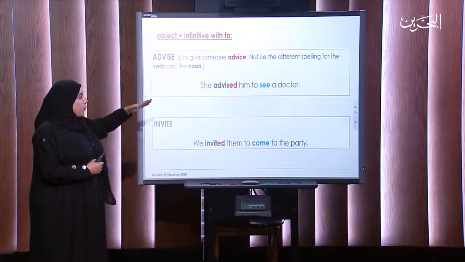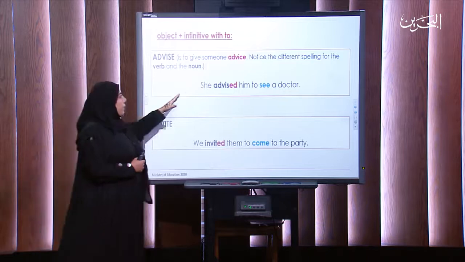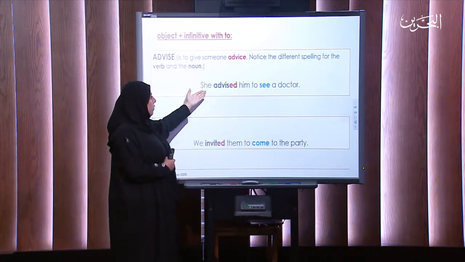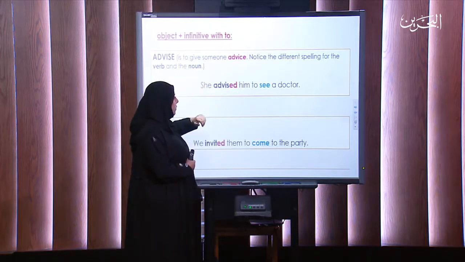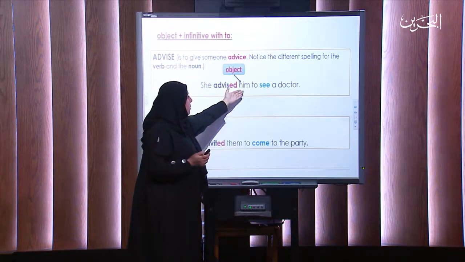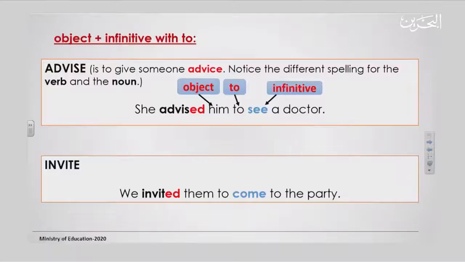So here is the second type of reported speech. Number 1, you have the verb advise. In forming a sentence using the verb advise, you should start with the subject, which is she, plus the verb advised, and then him is the object, plus to, plus the infinitive, which is the base form of the verb.